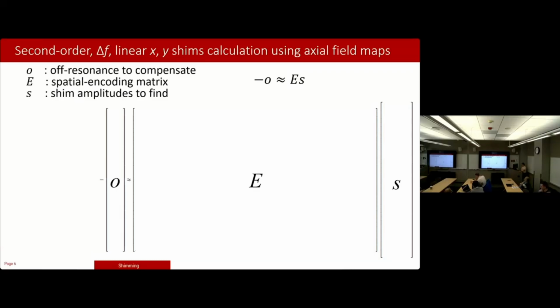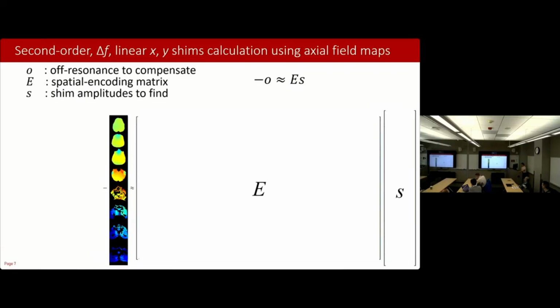The first step in the shimming calculation is to compute the second order shims, delta F, and linear XY shims using the axial field maps. The off-resonance we want to compute can be approximated by multiplication between a spatial encoding matrix and the unknown shim amplitudes.